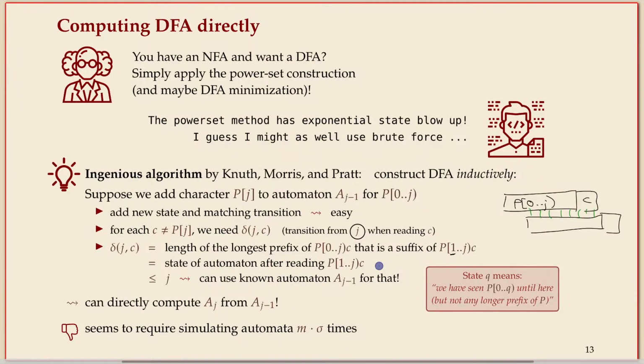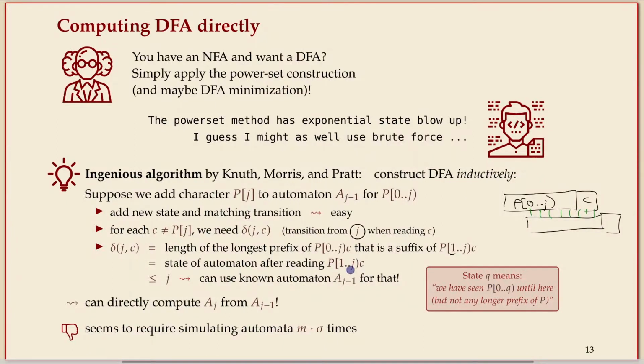Let me rewind. This still doesn't seem to help us much. But we know we have an automaton for the one shorter pattern, and it will have to react to any kind of string in some way, but we know in what way because we know what the states mean.